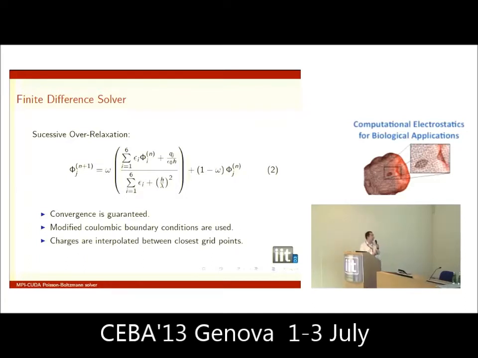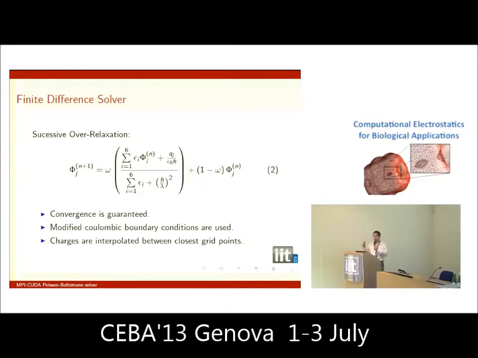And we use the successive over-relaxation method. So all we have to do is make this operation on every grid point. We basically take the potential on every grid point, make the sum of the neighboring points times the dielectric constant, and we just do the whole operation.